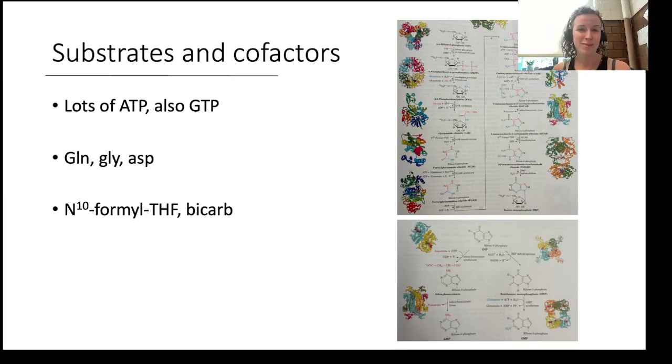We also use GTP. We saw glutamine being used, glycine being used, and aspartate being used to make these structures. We also saw the cofactor THF being used to do that one carbon transfer with the formyl group, and bicarbonate. To wrap up the next video, folks, and the section on purine synthesis, we'll talk about regulation.